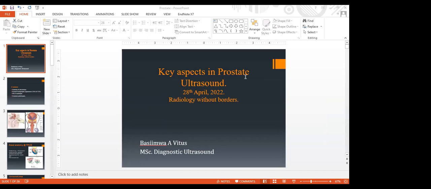Before I call in others, allow me to first ask two questions. The first one is about volume. How reliable is the PSA density when you use transabdominal measurement?